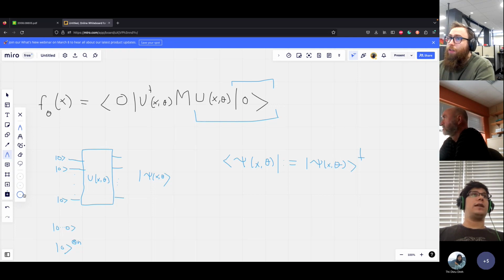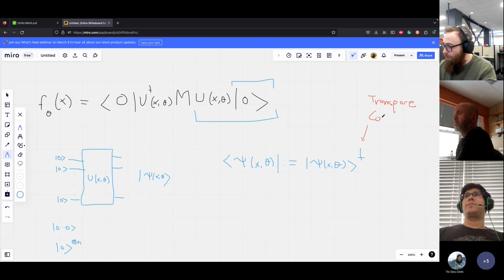Now here the dagger, this symbol, means transpose and then you do conjugate.